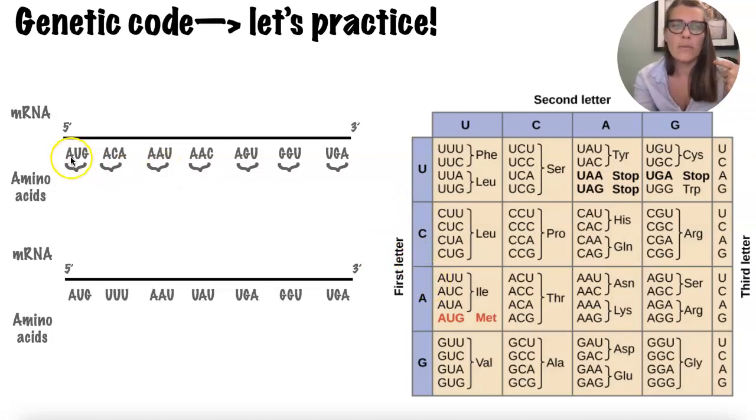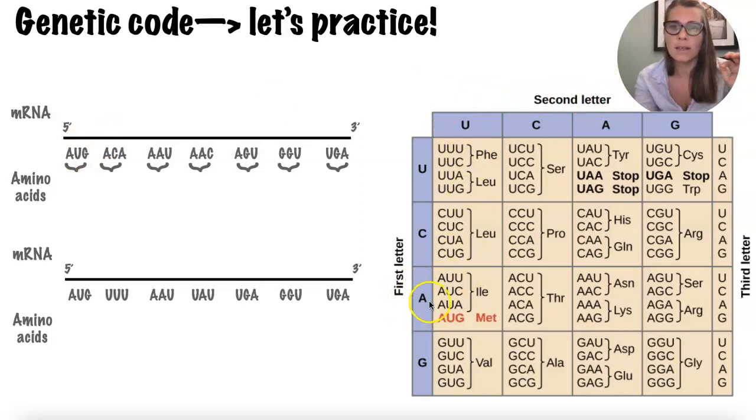Easy. You always start from the first letter. So the first letter is an A. So you go down here, it says, first letter, it's an A. It must be in one of these 4. Perfect. It's like looking at a map. We already know we need to be here. The second letter is a U. So you go second letter, U. Perfect.